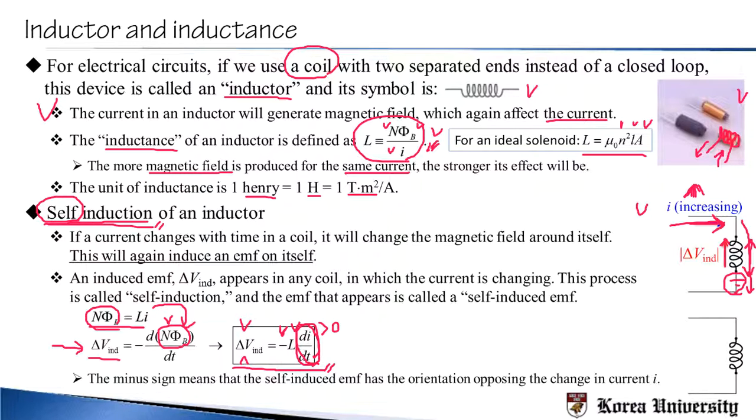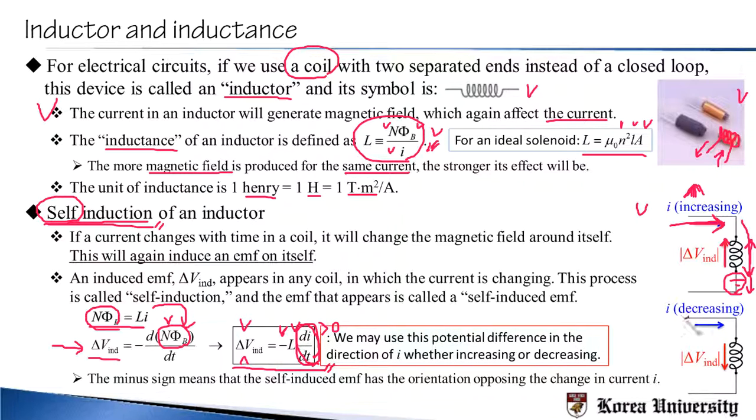Okay. Then how about a different case of the same current actually decreasing? If it's decreasing, it means that di divided by dt is actually negative, right? It's smaller than 0. And then if it's decreasing, now nature wants to oppose the change, so it has to create an induced EMF going that direction in order to compensate for the decrease.